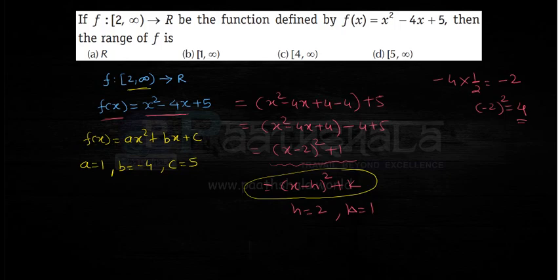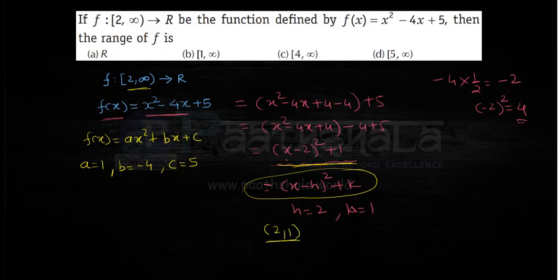It tells us the important things about the graph. From the vertex form, x minus 2 whole square plus 1, we know that the vertex of the parabola is 2 comma 1, that is h comma k. Since the coefficient of x minus 2 square is positive, this parabola opens upwards.